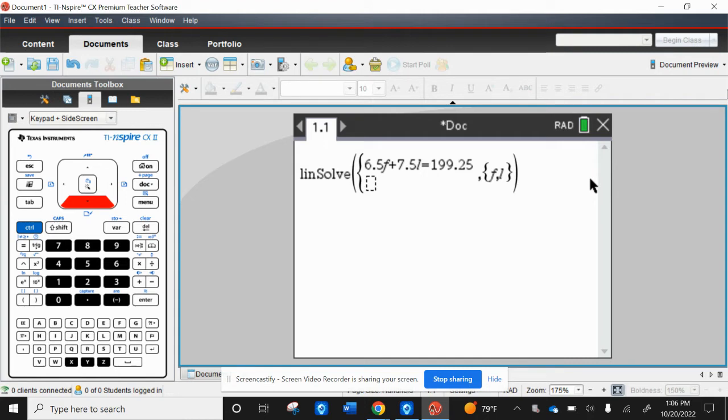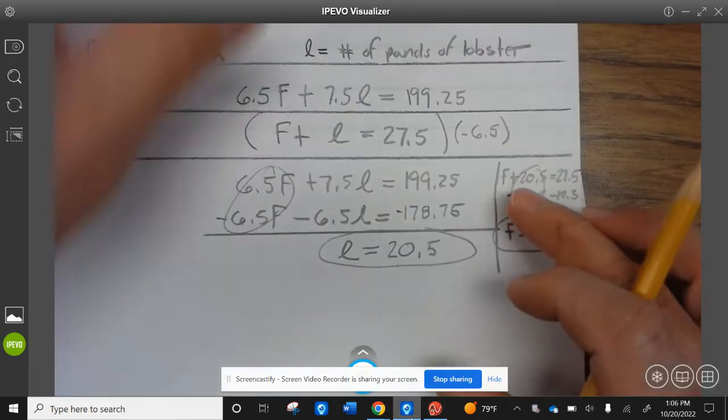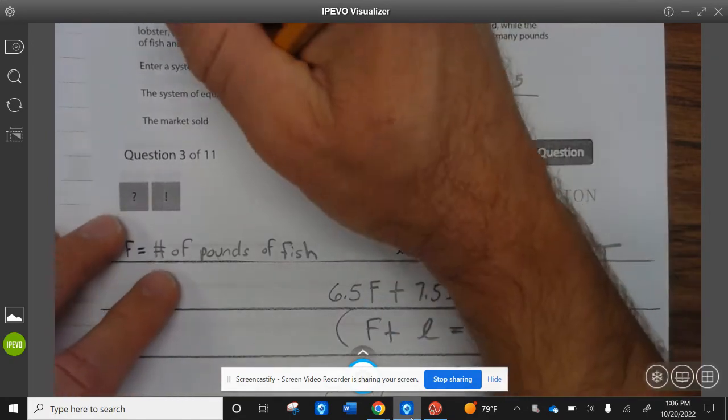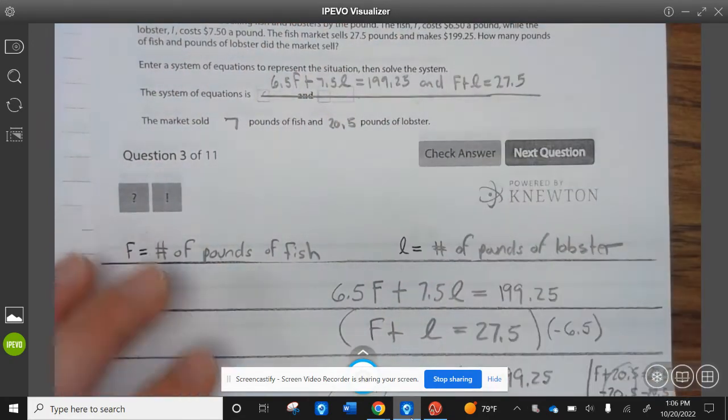And then f plus l equals 27.5. That checks our work. So that means the market sold 7 pounds of fish and 20.5 pounds of lobster.